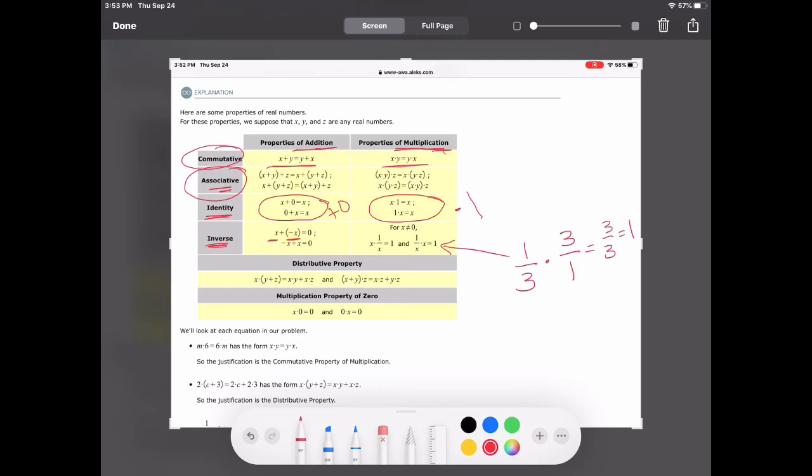Or we could even flip this and make it a number over 1. Notice that these cancel, got 1s all over the place, and that makes a 1. That is the inverse property. If you multiply a number times its reciprocal, you will get 1.